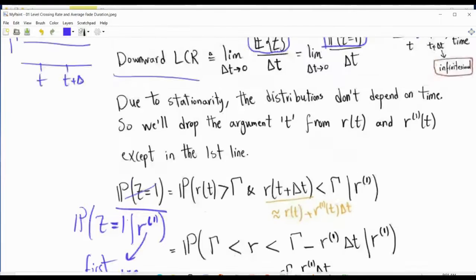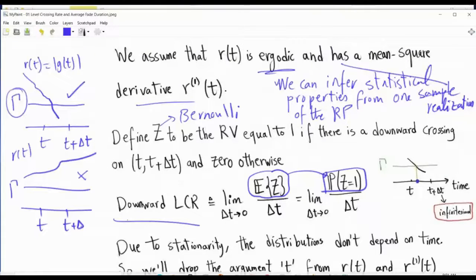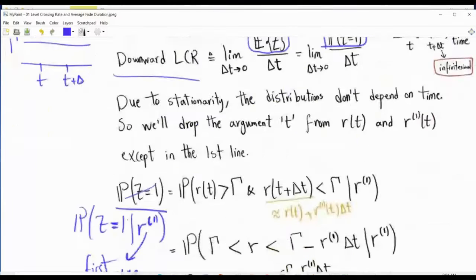So what is the probability that you have a downward crossing? Our interval is t and t plus delta t. You go below gamma. So if at the beginning of the interval you start higher than gamma, and at the end of the interval you are below gamma, then that's a crossing.